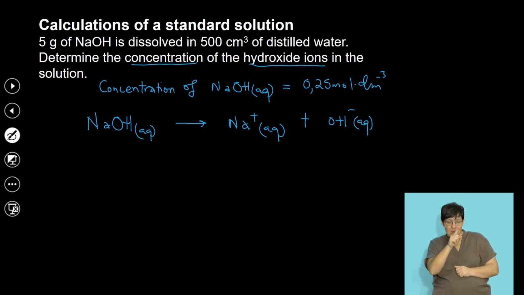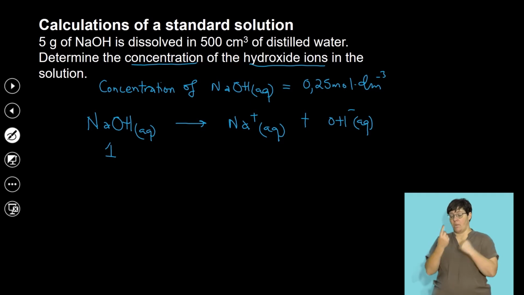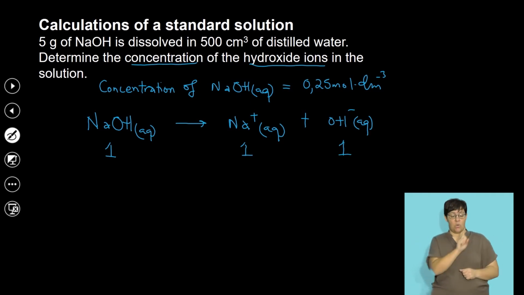Remember, this is an aqueous solution, so the stoichiometric ratio for the dissociation, or the breaking down of this ionic substance, is that 1 mole of sodium hydroxide gives us a mole of the sodium ion as well as a mole of the hydroxide ion. So the ratio is 1:1:1.